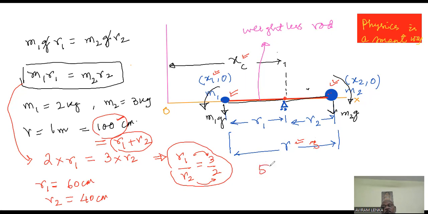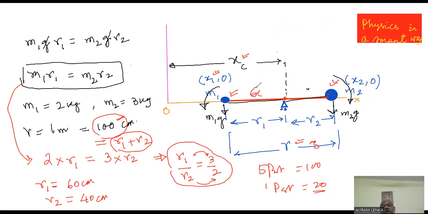So for one part, we got 100 by 5, that is 20. And for 3 parts, that is 60. And for 2 parts, that is 40. So thereby, R1 equal to 60 centimeter, R2 equal to 40 centimeter.